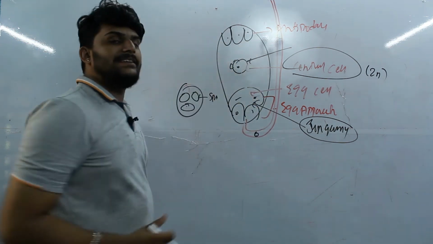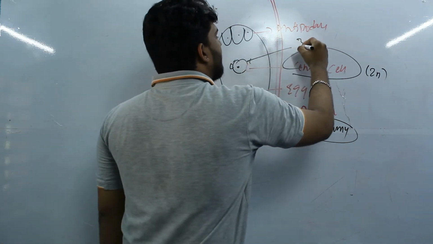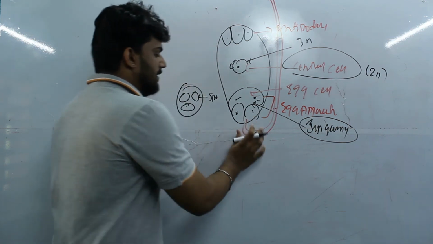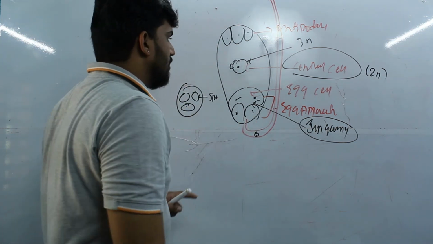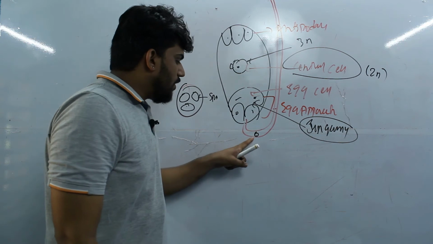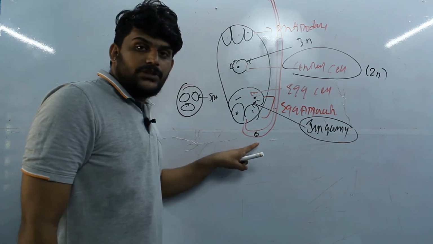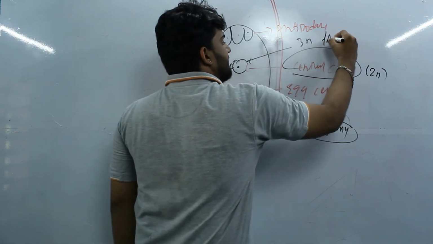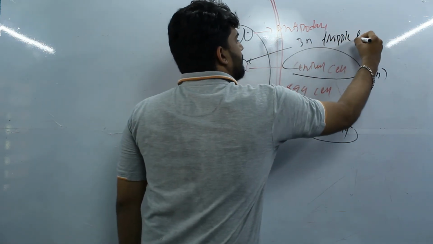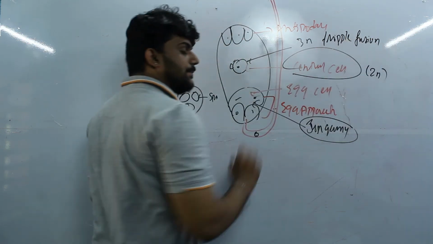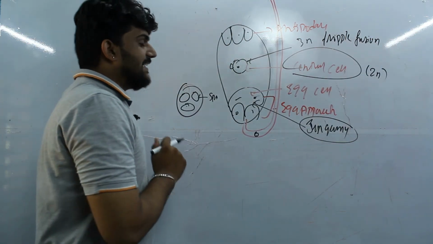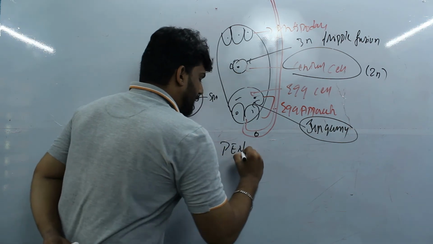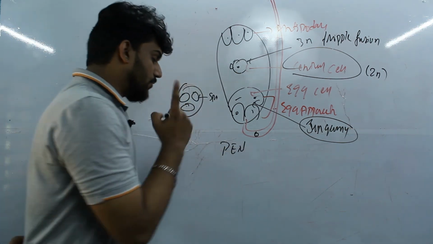That central cell now becomes 3n because of the nucleus present in the sperm. This fusion of the second sperm with the central cell is known as triple fusion. This triple fusion gives rise to a single cell known as PEN, which can be asked for 1 mark.